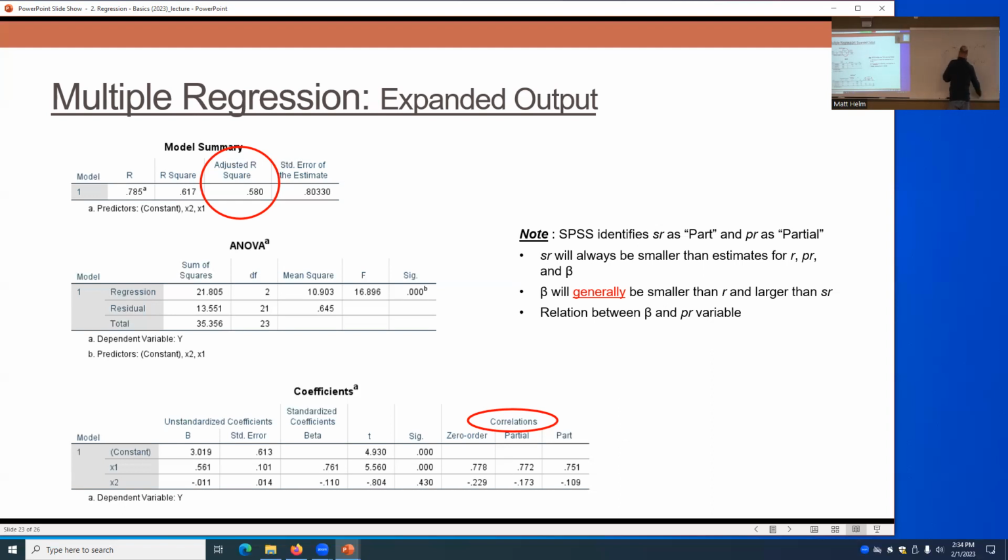So of the total piece of the pie, all my variability in my outcome here, X2 is uniquely covering about 3%. Okay, so that piece is being captured by X2.